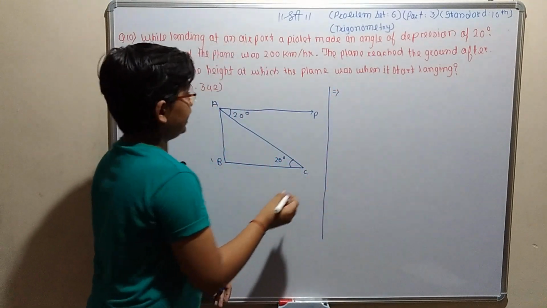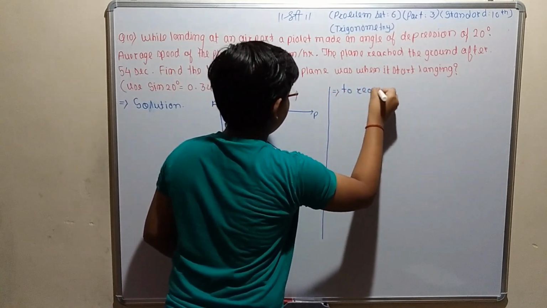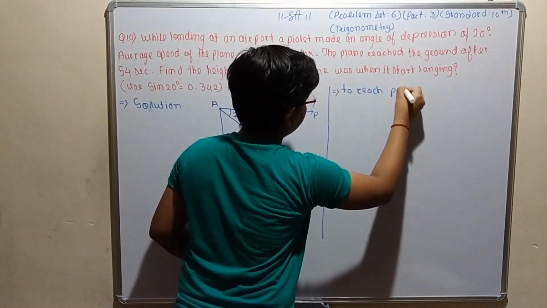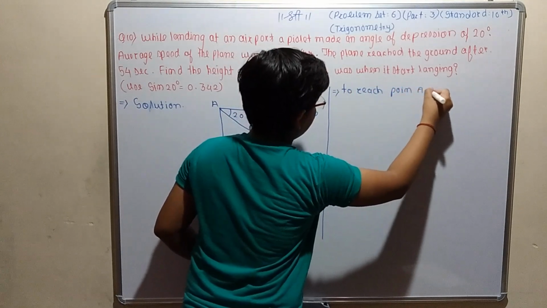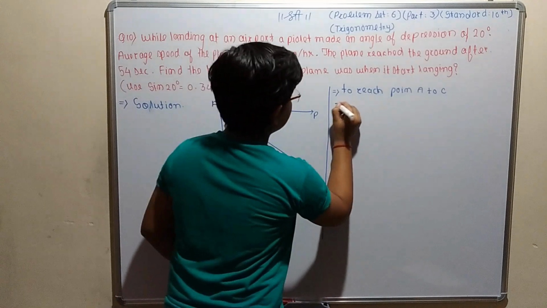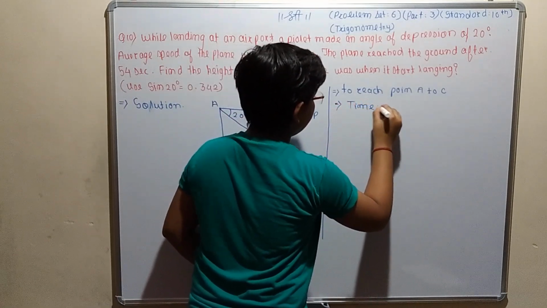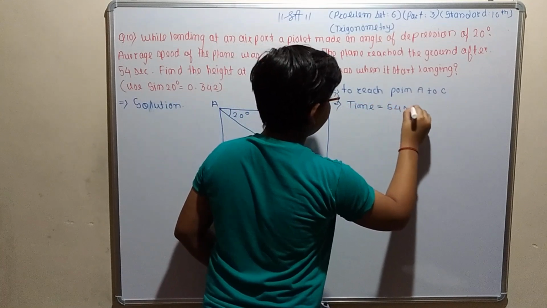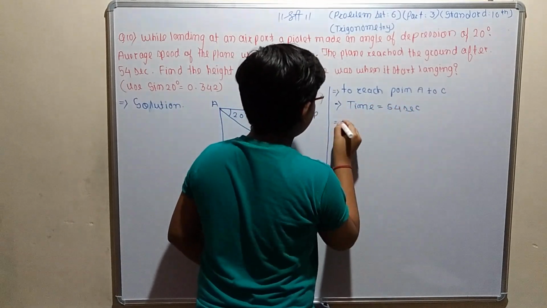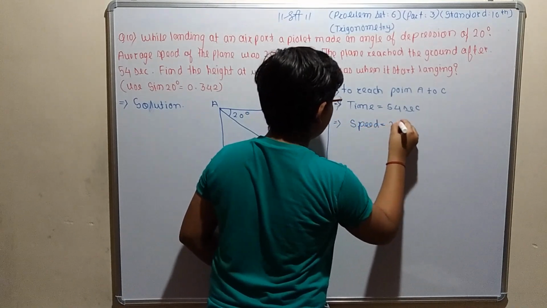Now given that to reach point A to C, he needs 54 seconds, that is time is 54 seconds, and speed is equal to 200 kilometers per hour.